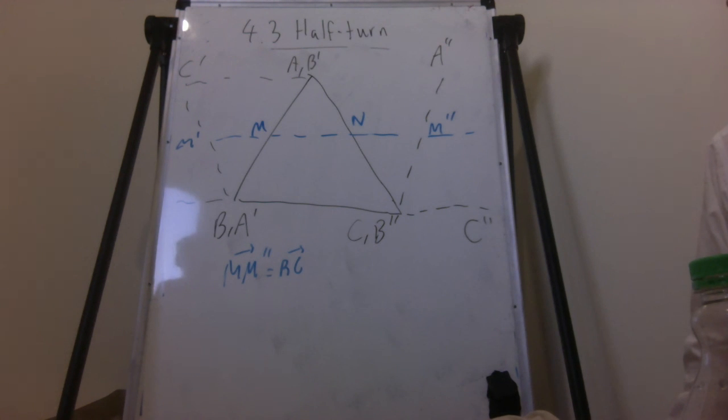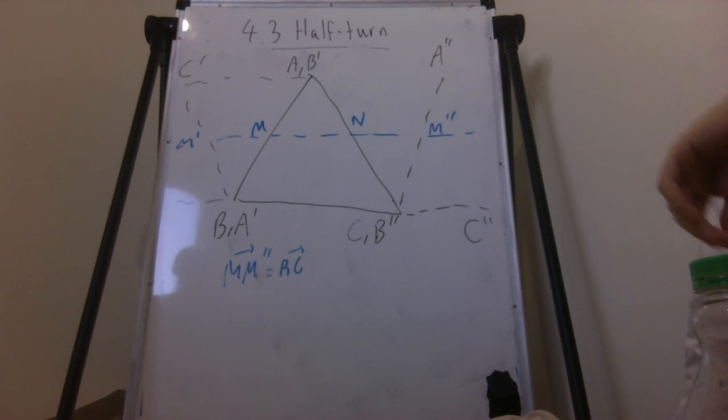C ends up here. Yeah. B up there. Yeah, so C is probably the hardest one to check.